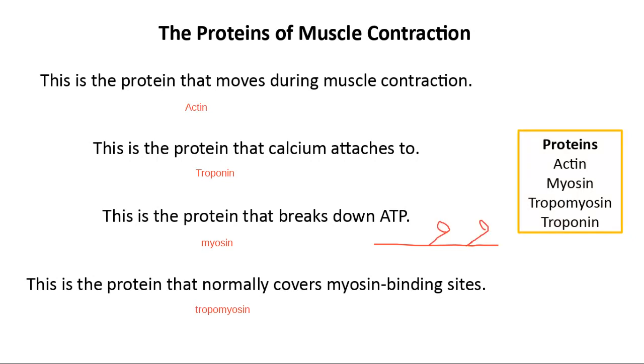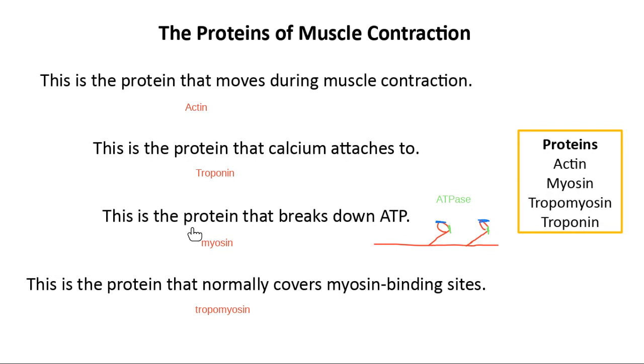So the golf club heads have the part where they're going to attach to actin, but they also have a part on them kind of toward the back side that we call their ATPase. This is an enzyme whose job is to chop up ATP. When I chop up ATP back here, that allows me to change the shape of myosin. And when I change the shape of myosin, that gets me ready to do muscle contraction again.